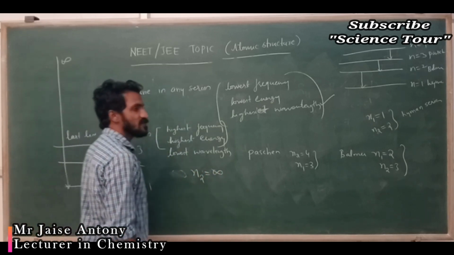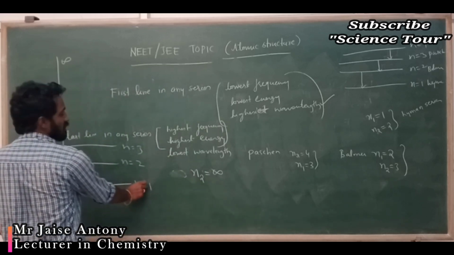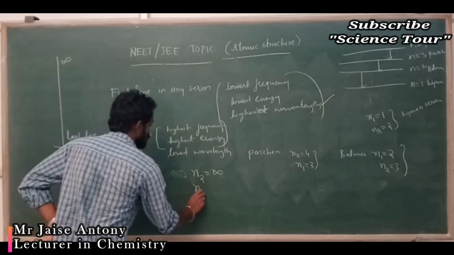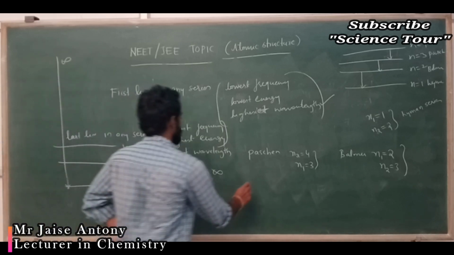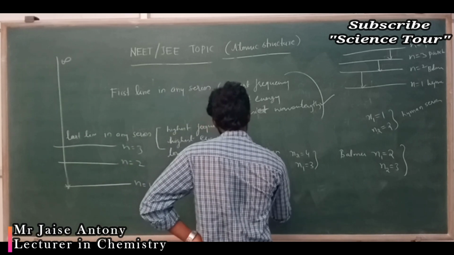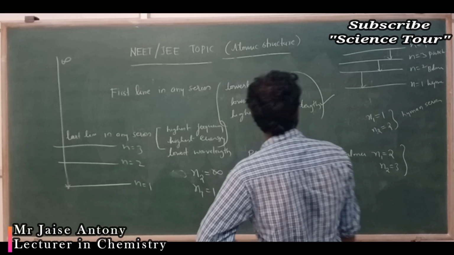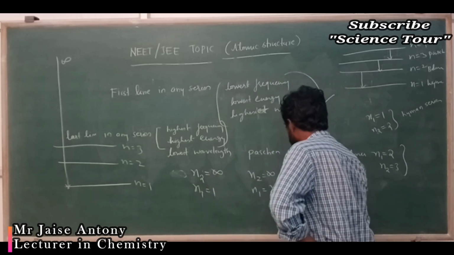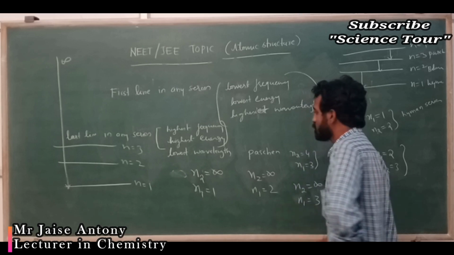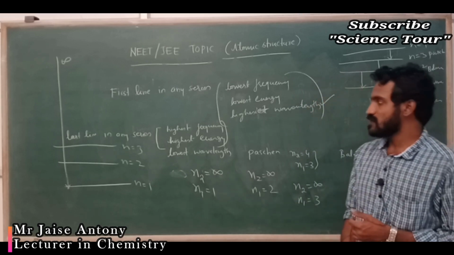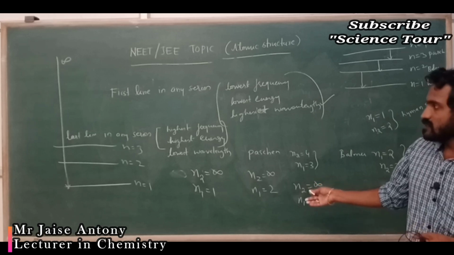For the Lyman series, last line: n2 is infinity, n1 is equal to 1. For the Balmer series, n2 is infinity, n1 is 2. For the Paschen series, n2 is infinity, n1 is 3. So this type of jump is called the last line.